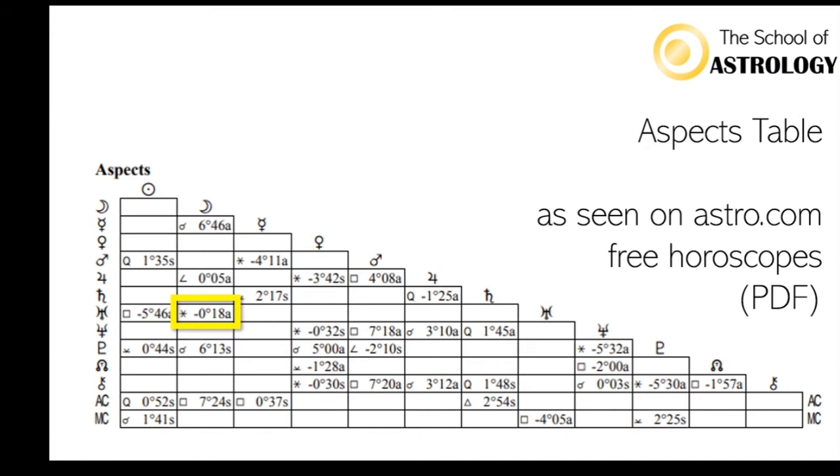Typically, we would allow, with the Moon involved, up to 5 degrees deviation. So we're well beyond that. So a sextile you could use between 55 degrees and 65 degrees of aspect angle when the Moon is involved. Otherwise, it would be 3 degrees deviation recommended.